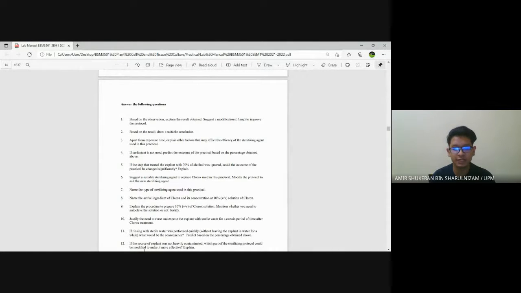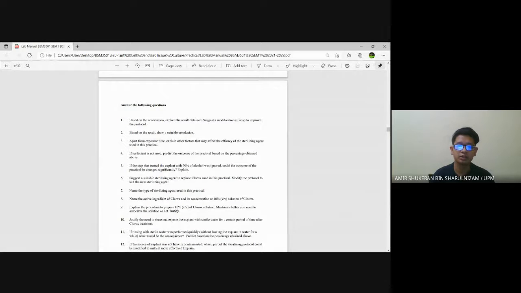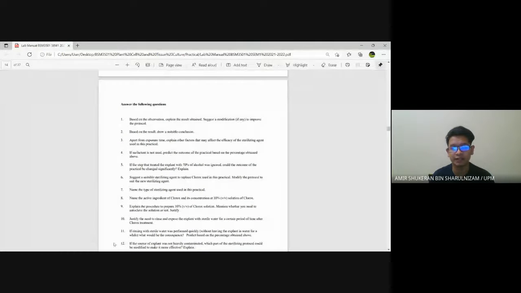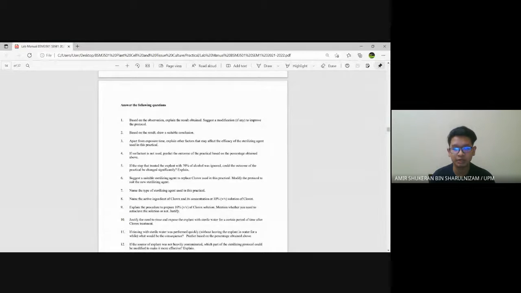Firstly, the concentration of the sterilizing agent itself plays a role. For example, the higher the concentration, the less time the sterilizing agent takes to sterilize the plant. Then moving to the next factor, which is the type of leaf. For example, if we use a type of leaf whose surface has a lot of wax, the leaf will absorb less sterilizing agent at the leaf surface, so this might reduce the efficiency of the sterilizing agent used.